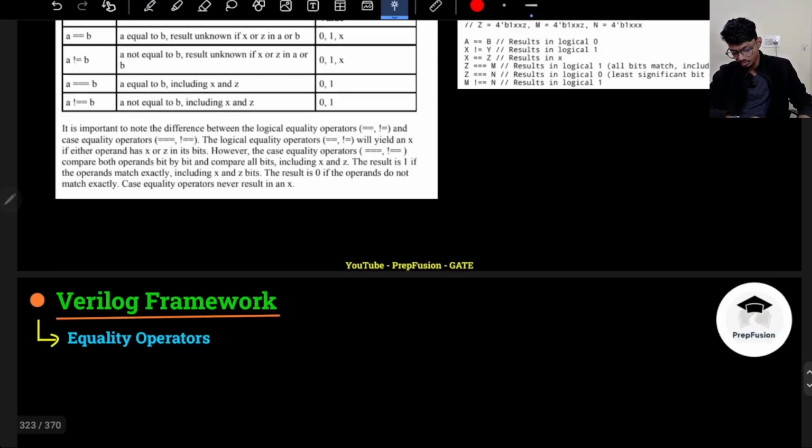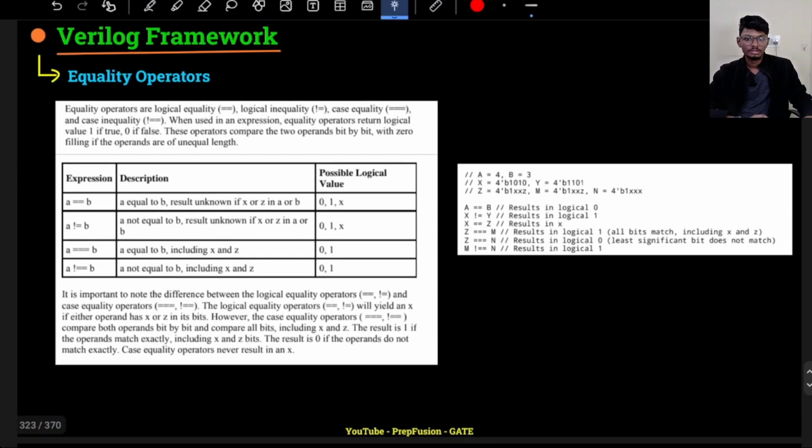Okay. Now I will come to equality operators. So equality operators are logical operators that check the equality. So this checks logical equality, logical inequality, case inequality. So we'll understand each of these operators slowly.